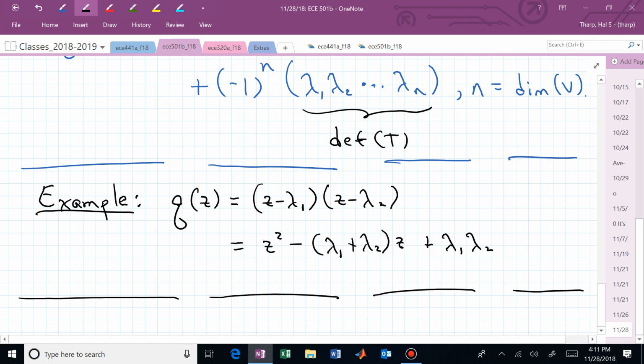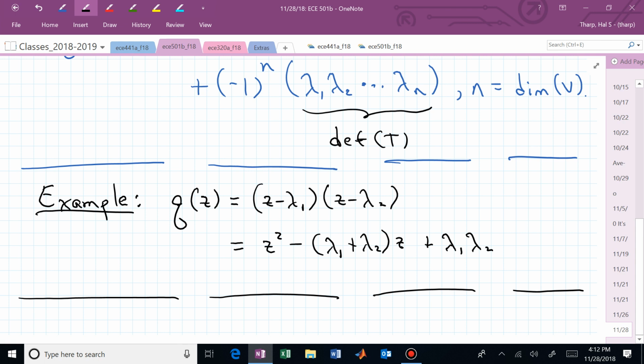So there is a second order example. Little n is 2, and you can see that the coefficient of the n minus 1 term is the sum of the lambdas. The constant coefficient is the product of the lambdas. And that actually follows for a third order, fourth order, etc., if you multiply it out.